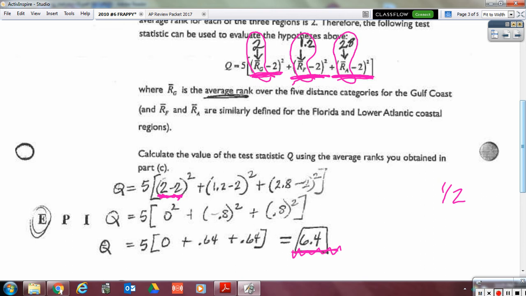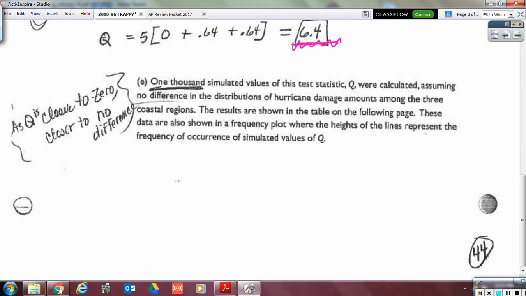What does it tell me if the observed and expected are 0? Observed minus expected 0. Then what? No difference. Very good. So the closer Q is to 0, and that's actually what I wrote here, this was just me kind of thinking, the closer Q is to 0, the closer that there was no difference in their average damage.